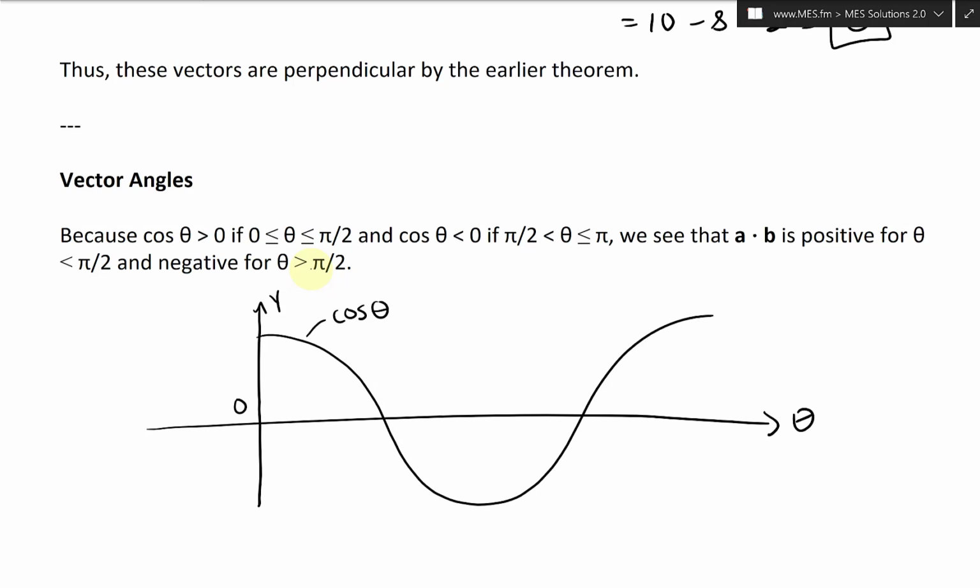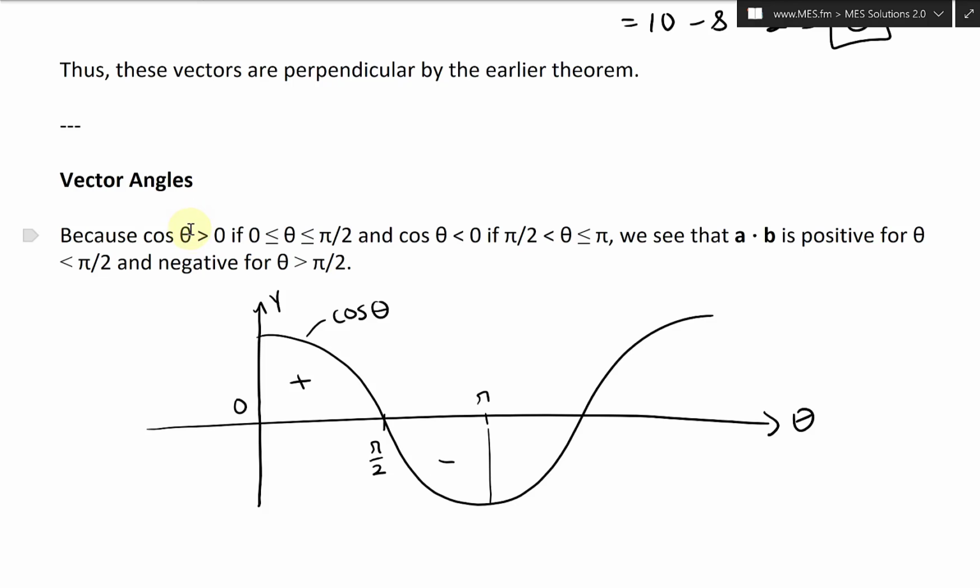This is at pi over 2, and here's at pi. Because we're only considering from 0 to pi, from 0 to 180 degrees, this part is positive, and over here it is negative.